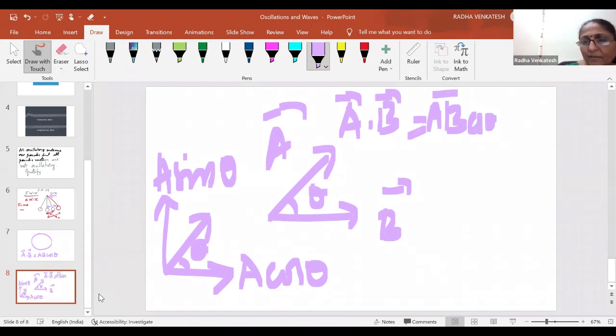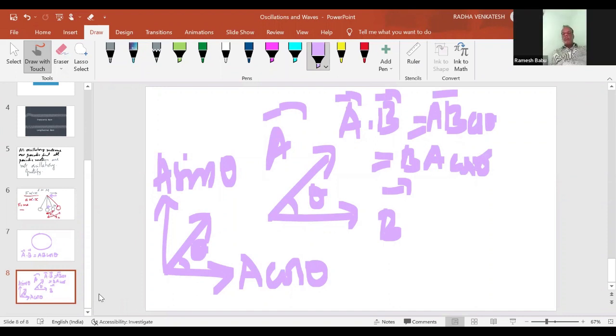Now can I see this AB cos theta as B into A cos theta? A into B into cos theta is equal to B into A into cos theta. We can write it, right? Yes, ma'am. Okay. So what is this A cos theta actually?